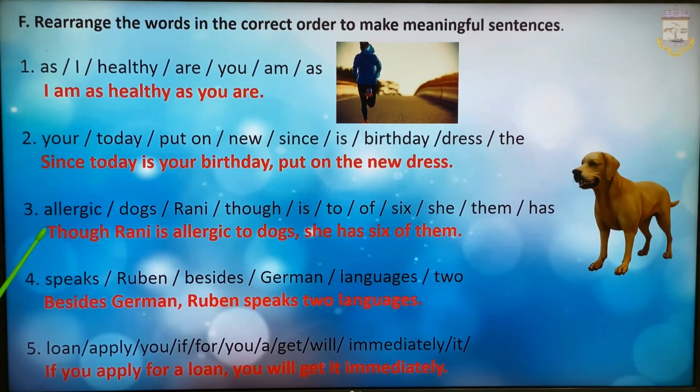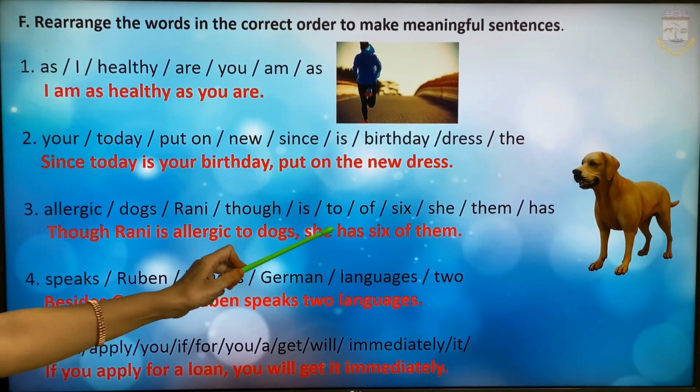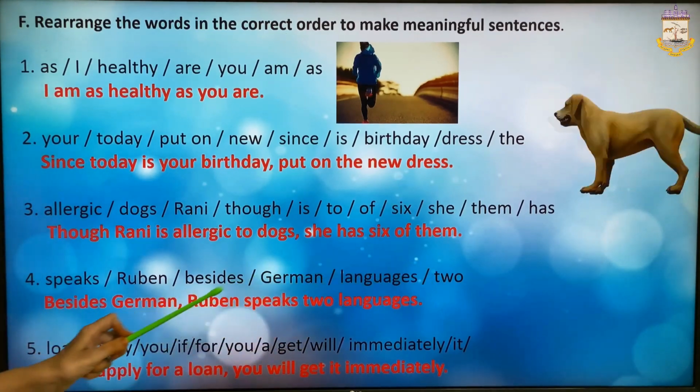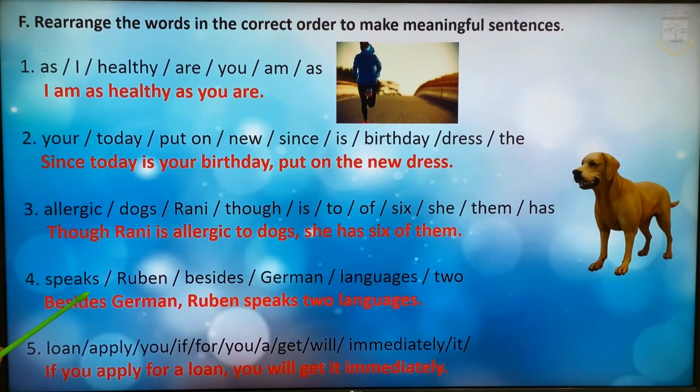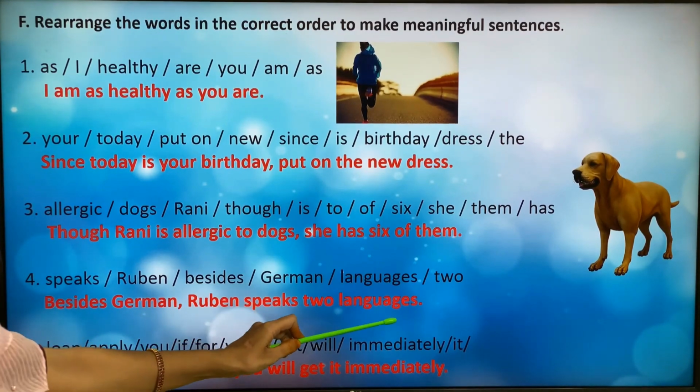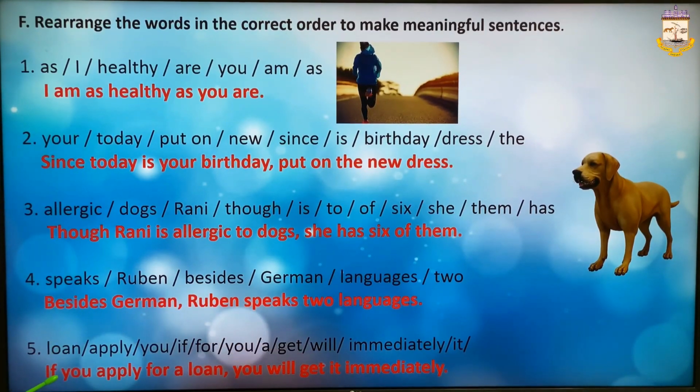Third sentence. Though Rani is allergic to dogs, she has 6 of them. Besides German, Reuben speaks 2 languages. If you apply for a loan, you will get it immediately.